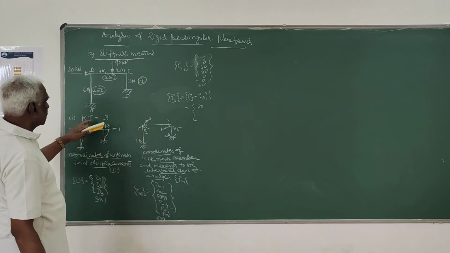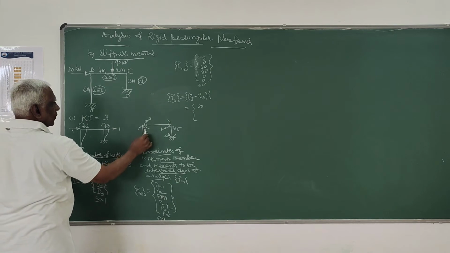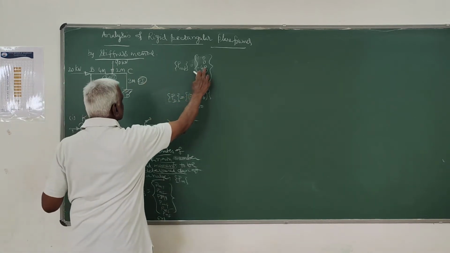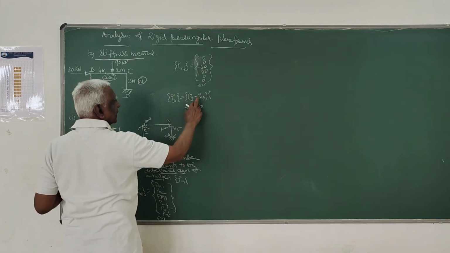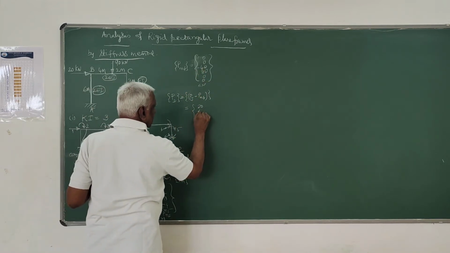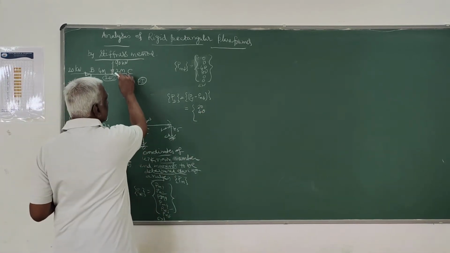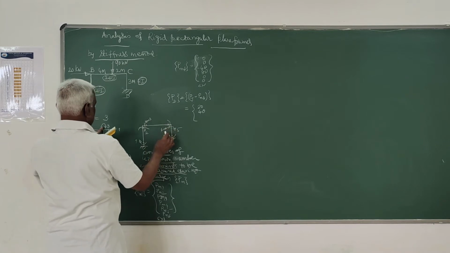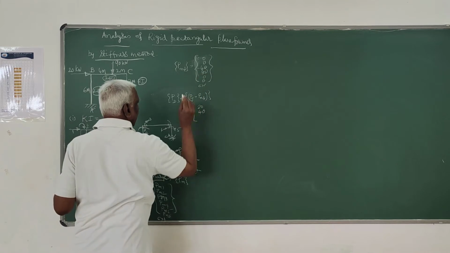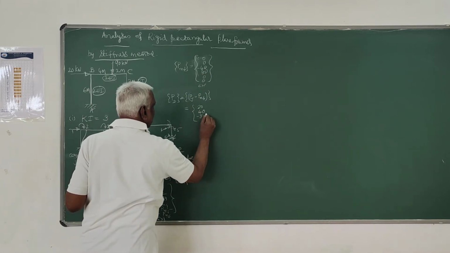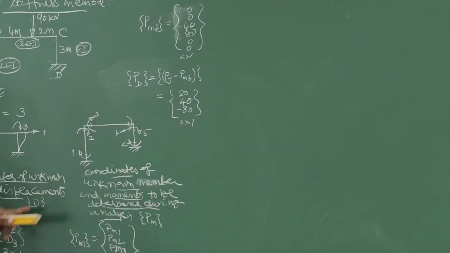Then corresponding to 2 and 3, it is moment. Corresponding to 2, it is 0, corresponding to 3, it is minus 40, so it is minus of minus, so it is plus 40. Then the fixed end moments corresponding to 4 and 5: this is 0, this is 80, so this is minus 80. This is a 3 by 1 matrix, same as D.